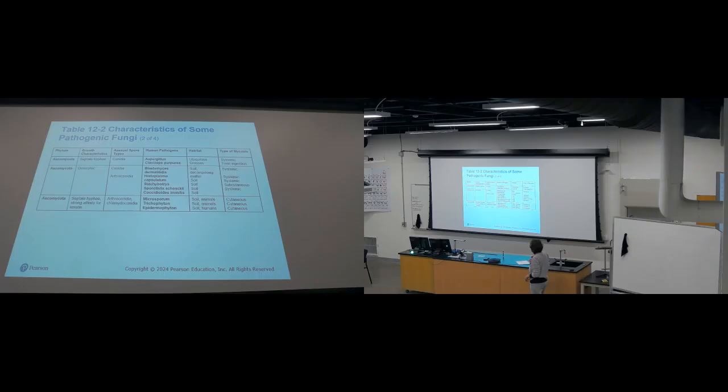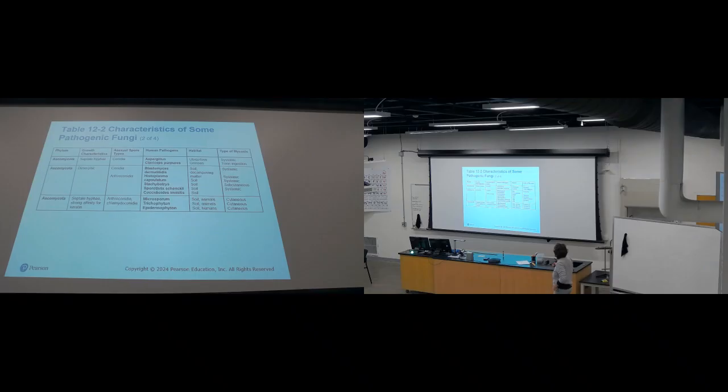Microsporidia can cause death in someone who has AIDS because of the immunosuppression. They can die of diarrhea really easily, as happens with some protozoans like Cryptosporidium parvum.